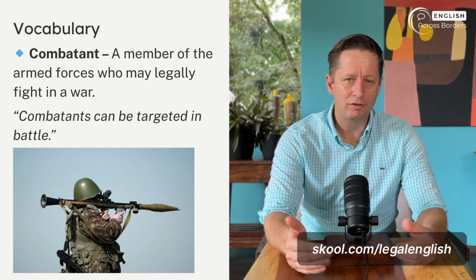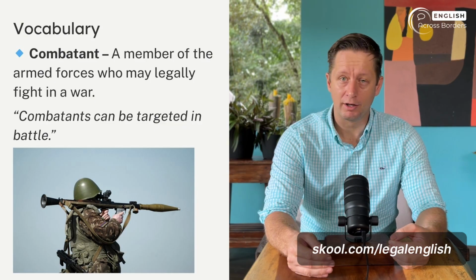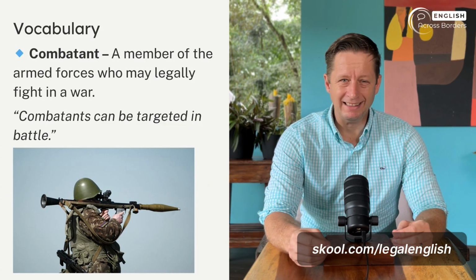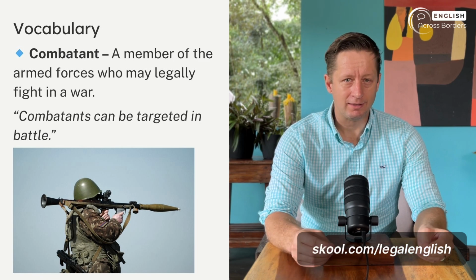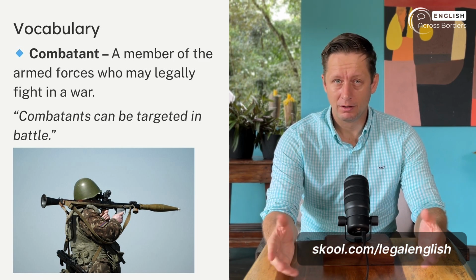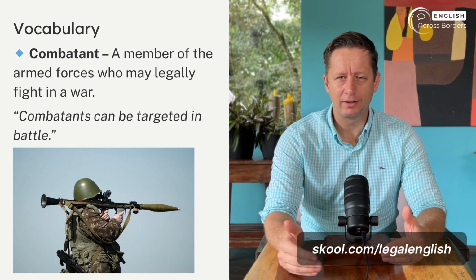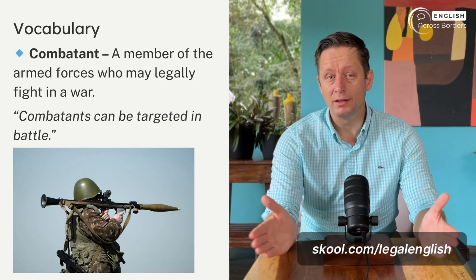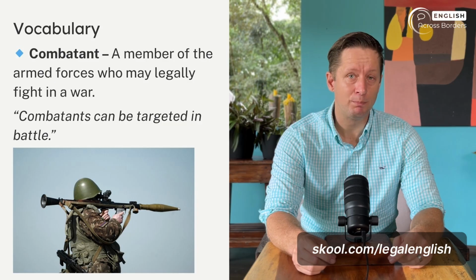The lawyer answers yes. Combatants can be targeted at any time, on duty or off duty, unless they are wounded, sick, or have surrendered. Understanding who counts as a combatant is essential because it helps distinguish legal targets from protected persons.